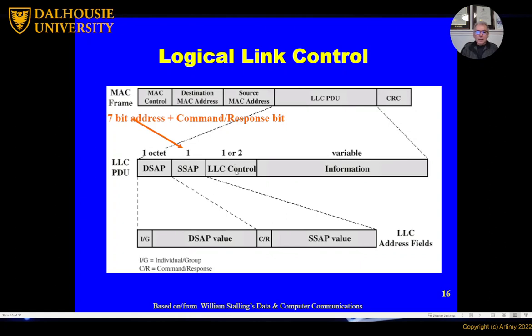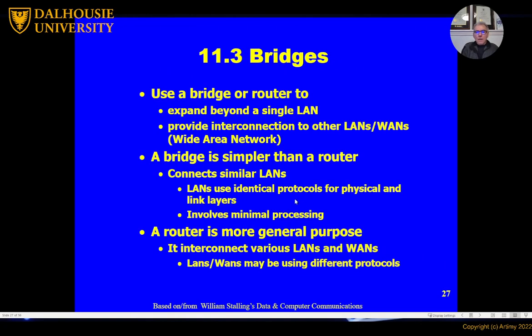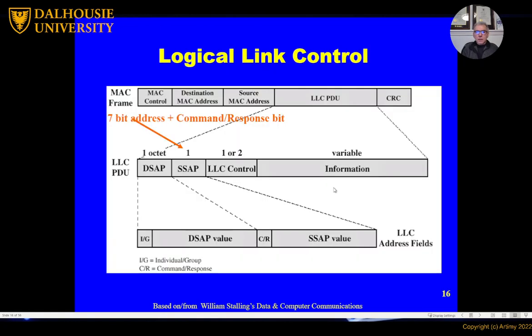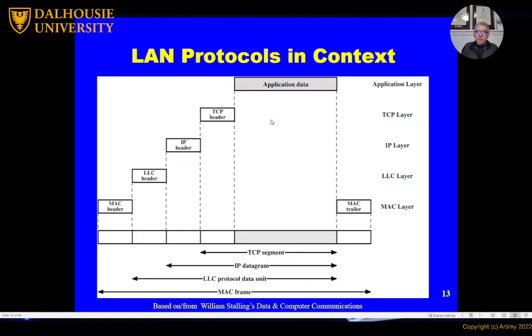And then we have the LLC control. And then we have the payload, which is what's coming from the upper layer, which is the IP layer, right? Or the network layer. Okay, so this is the general idea.